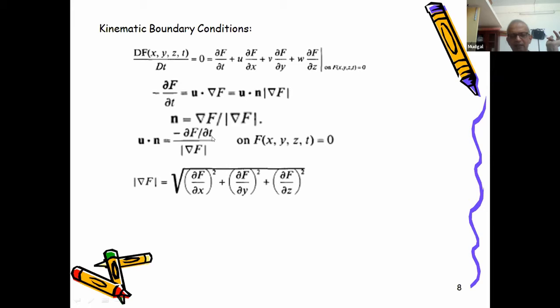So u dot n you get minus del f by del t over the magnitude of del f on the surface of the boundary of interest. And magnitude of del f, by definition, is the root of del f by del x whole square plus del f by del y whole square plus del f by del z whole square. So this is about the kinematic boundary conditions.